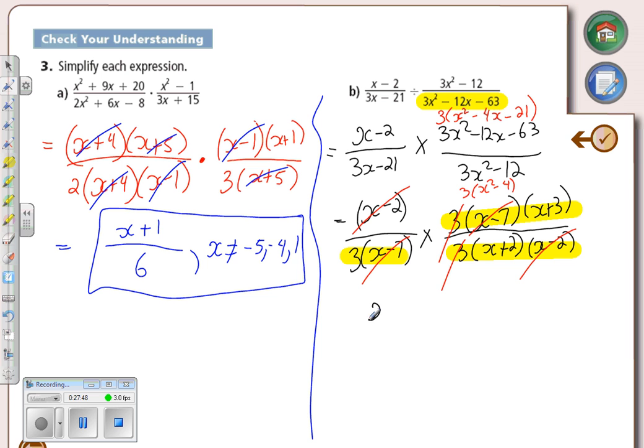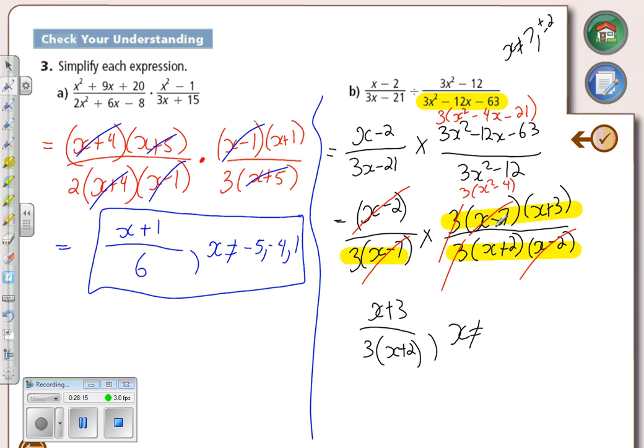We've got x plus 3 over 3 bracket x plus 2, comma, x cannot equal 7. So let's write them up here. X cannot equal 7. X cannot equal plus and minus 2 from these two.